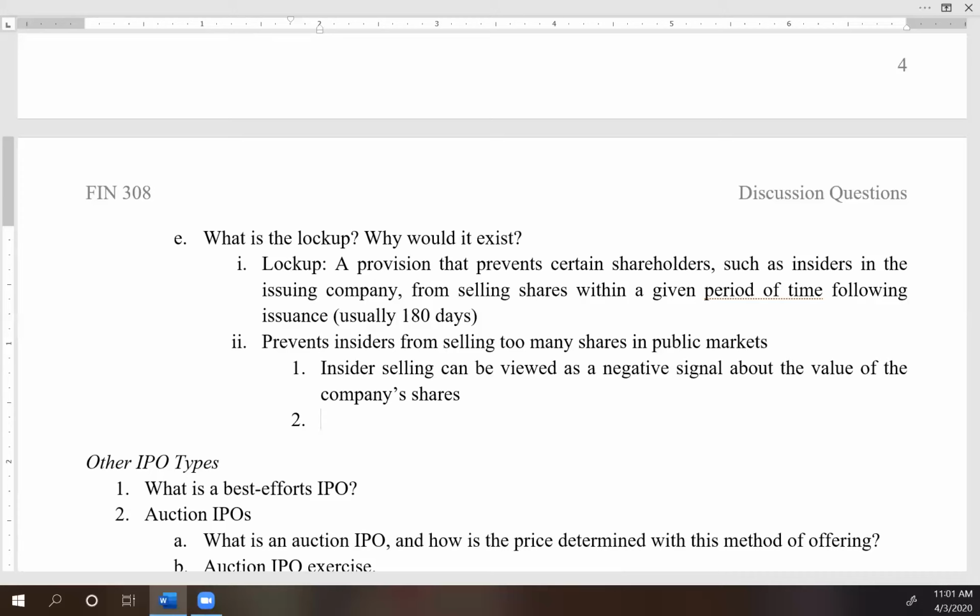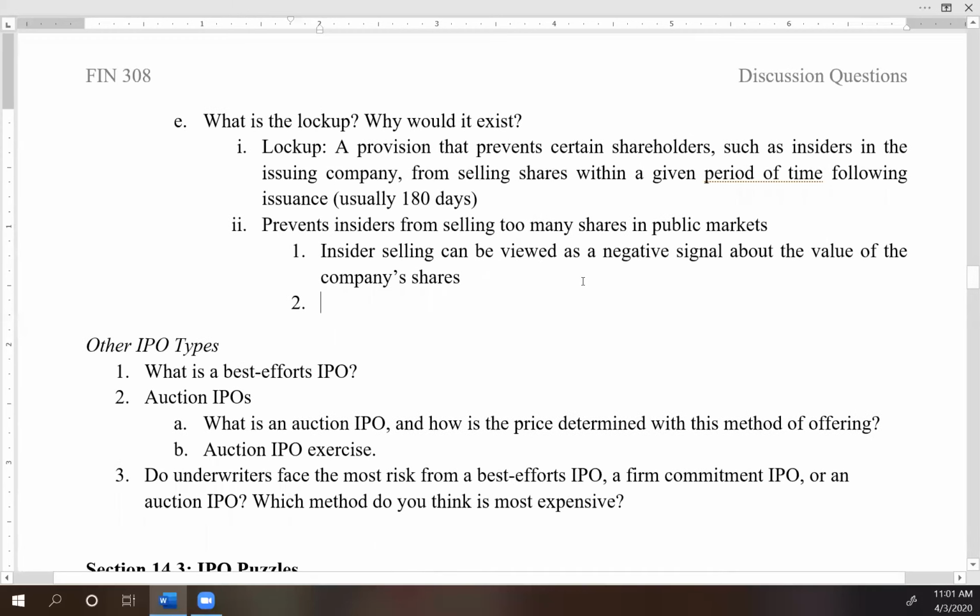So that's one reason that you could restrict selling from insiders, is that you don't want those negative signals. Even in the absence of those signals, just a lot of selling in general is going to depress a company's stock price. Whether it's insiders or not, a lot of sales pressure can result in a lower stock price.